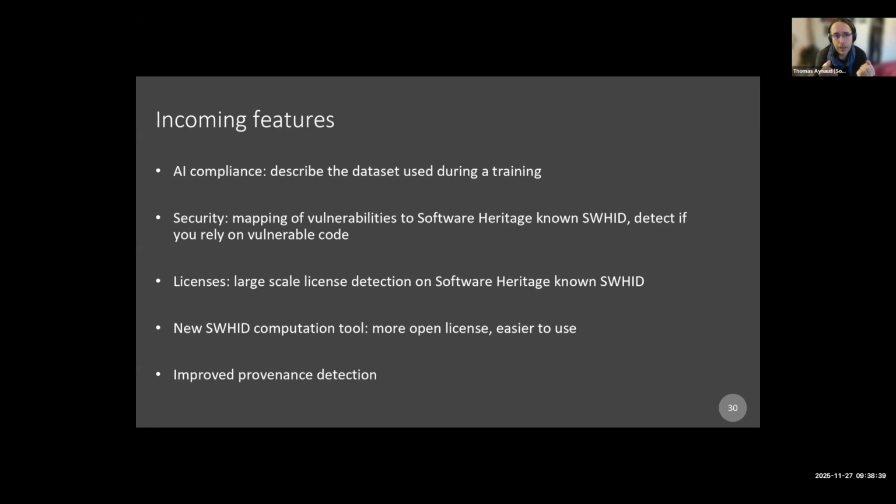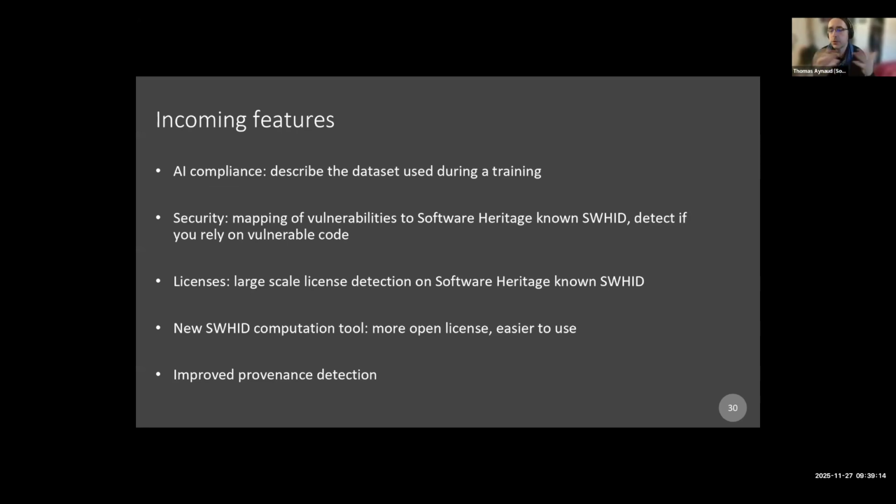We have a statement that we want people who will use our data to fill. One part of the statement is that they have to be transparent about the source files that they are using from us inside their training. So the idea is that we give them the list of the SWHIDs, and they have to publish this list of SWHIDs of the files that they use for their training.